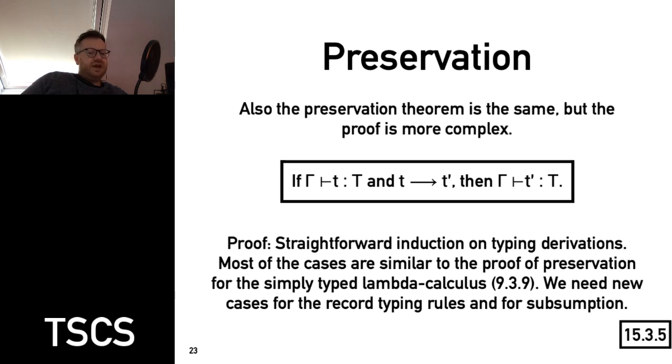We just need new cases for the record typing rules and for subsumption, but that is just, again, mechanically applying the same principles as before. And that's why we introduced these helper constructs as well.